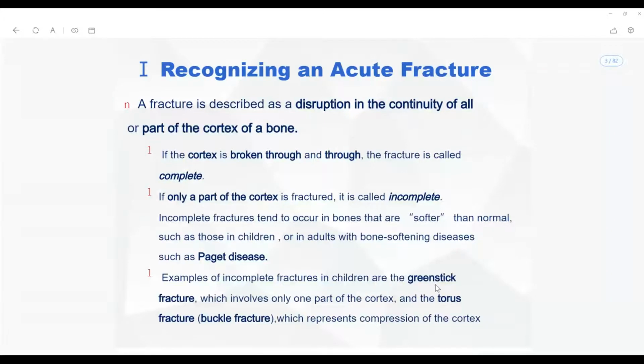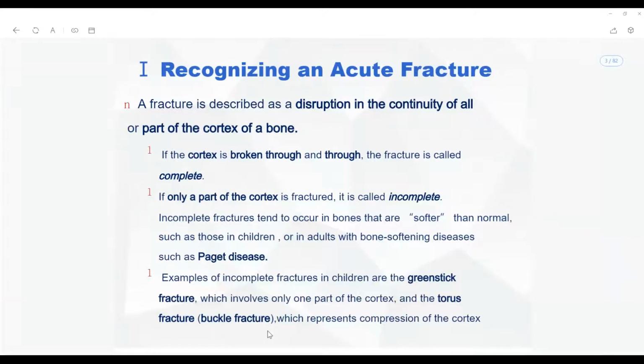Okay, remember, greenstick fractures especially occur in children, and involve only one part of the cortex of the bone. But you have to understand there is another fracture called the torus fracture or the buckle fracture, which is the compression of the cortex.